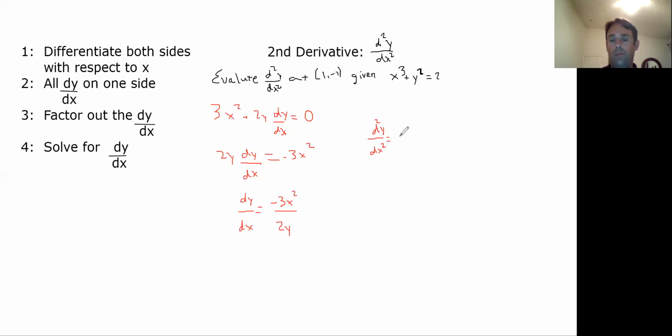We're going to have the bottom 2y times the derivative of the top, which would be a negative 6x, minus the top, which would be a negative 3x squared, times the derivative of the bottom. So the derivative of the bottom would be 2.